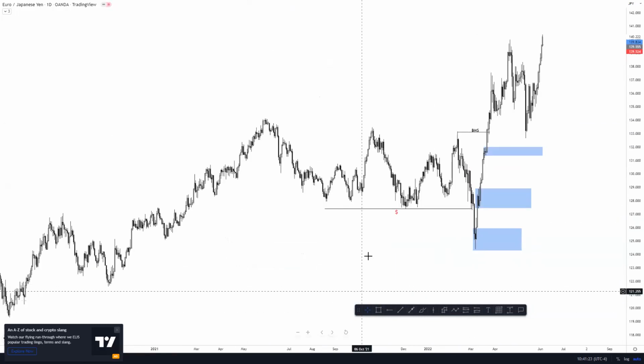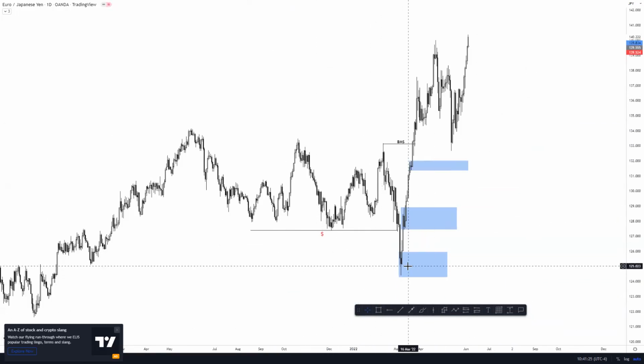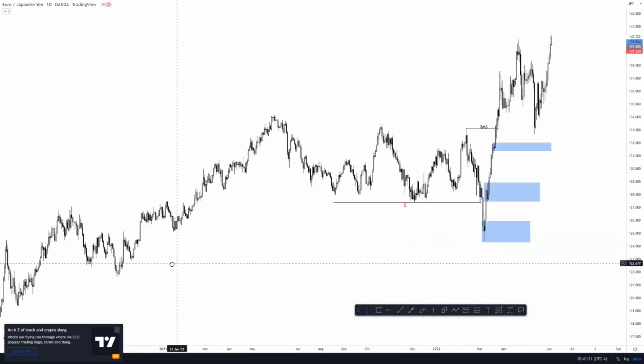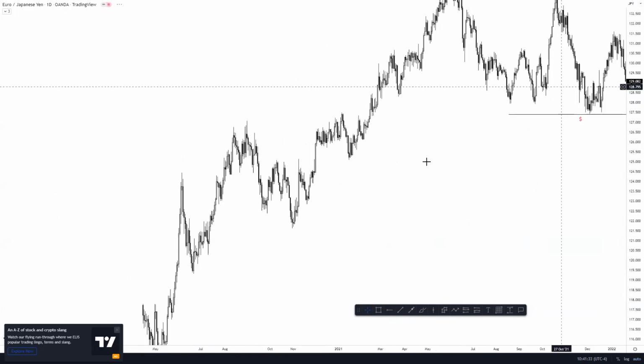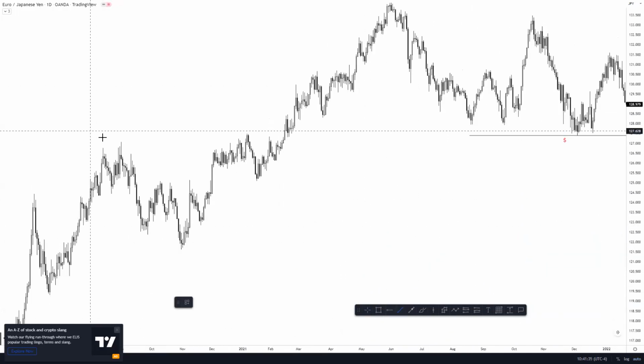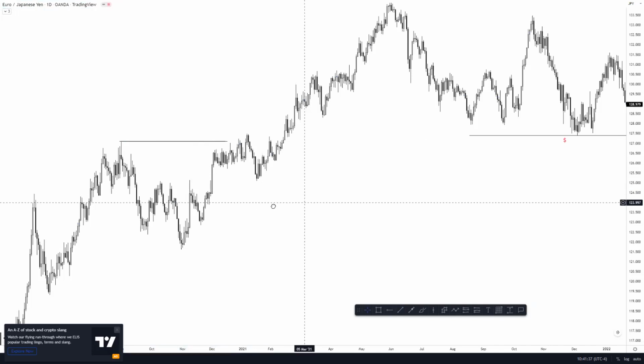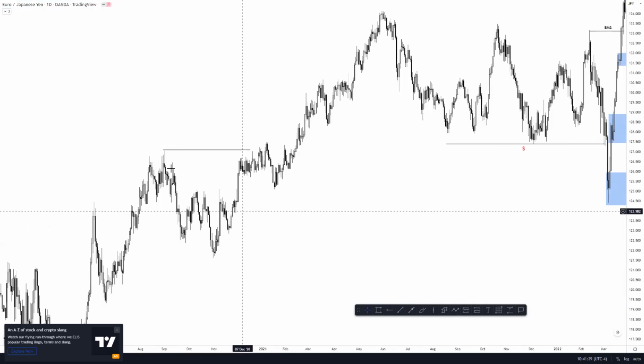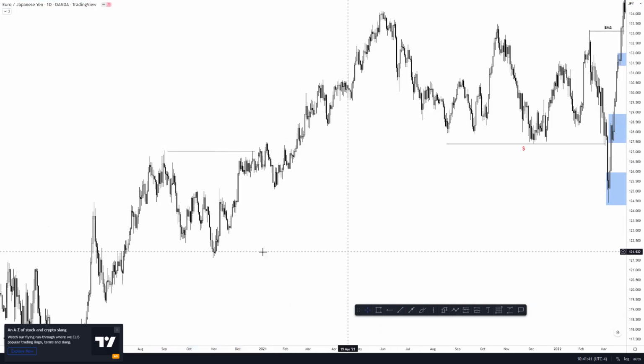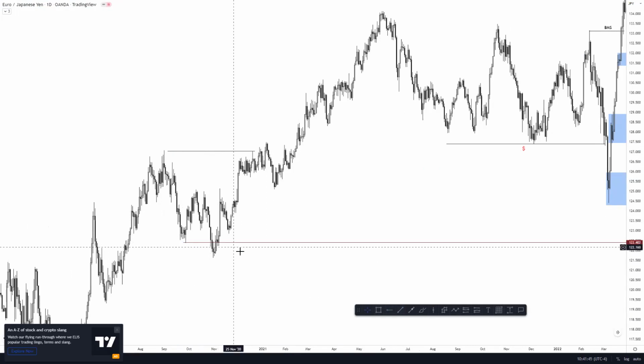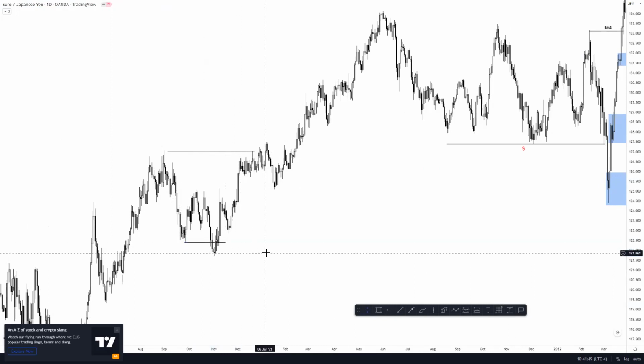One has to take out the liquidity. This has taken out this liquidity here, and you can also see what happened exactly. We had a break in market structure in here, and this was the low which has taken out all the liquidity from here. So we had a stop hunt right there.